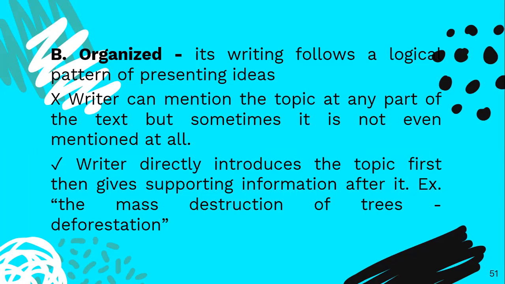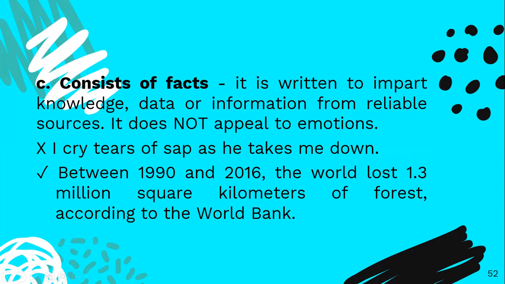So you follow a particular rule. In fact, we even have chapters when it comes to academic writing. And most importantly, it consists of facts. It's not just based on your own feelings. So it has to be reliable or credible.